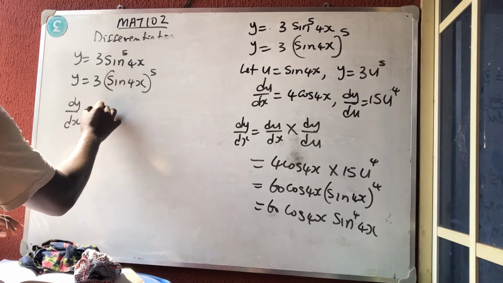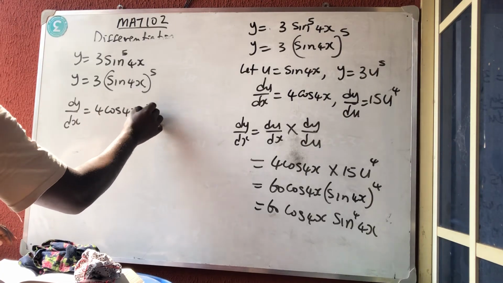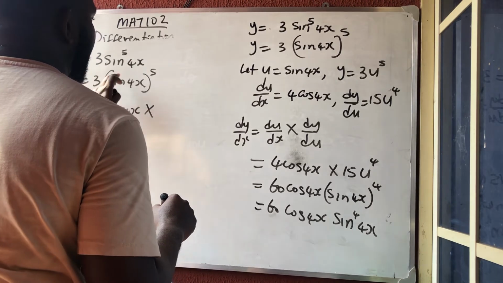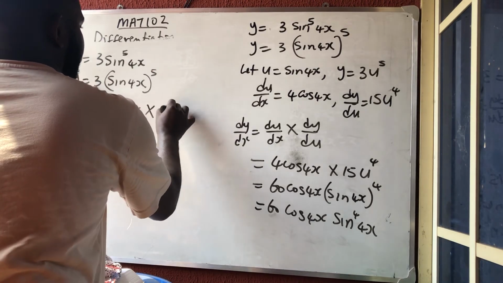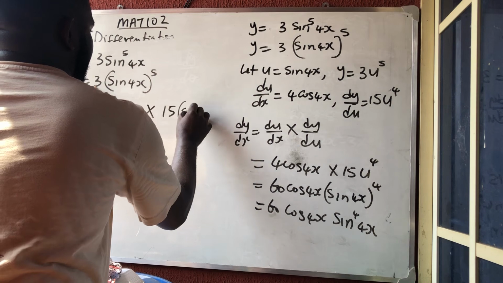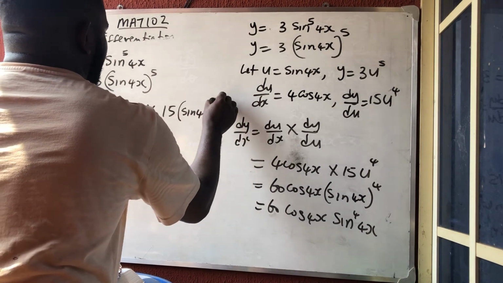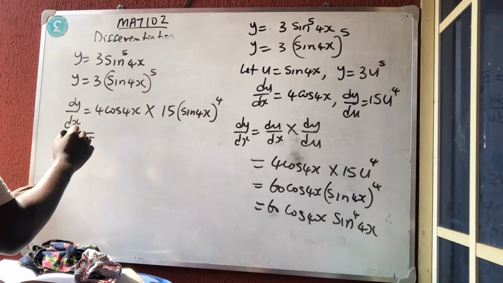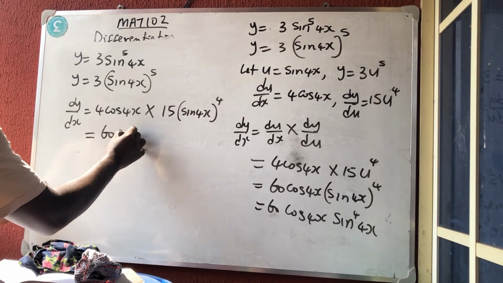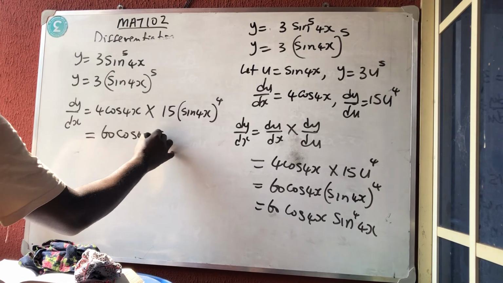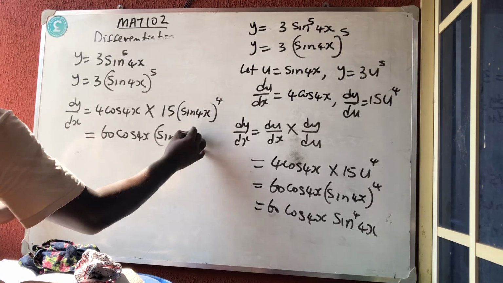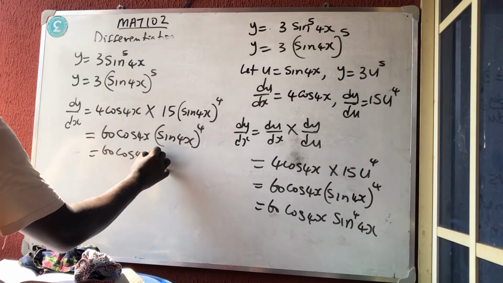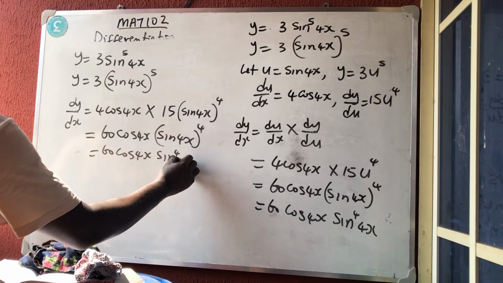So I'm going to have 4 cos 4x times differentiating something that has raised to power, which means multiply by the power and remove 1 from the power. So which is 15 bracket sine 4x, then raised to power 4. Okay, so what do we have now? I'm going to have 60 cos 4x, then sine 4x, all raised to power 4.